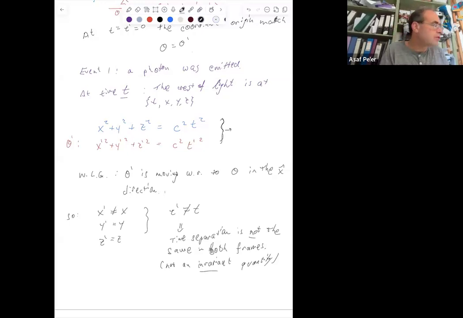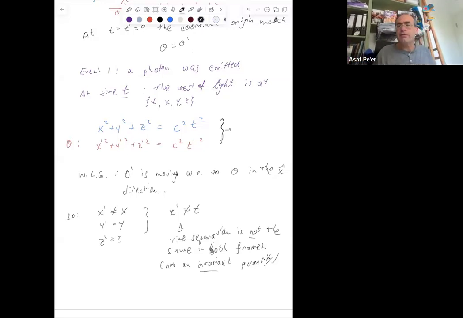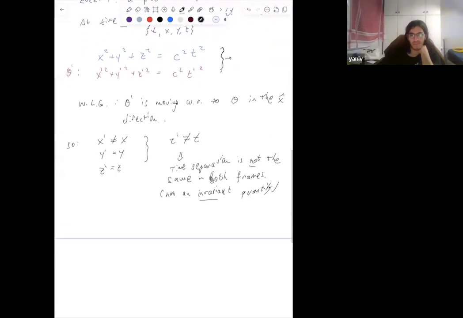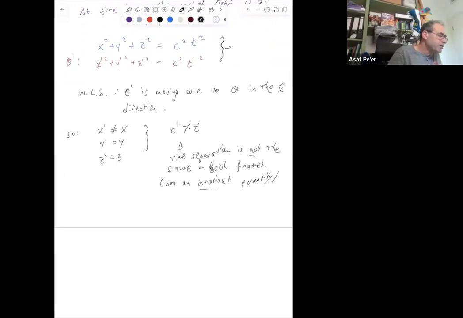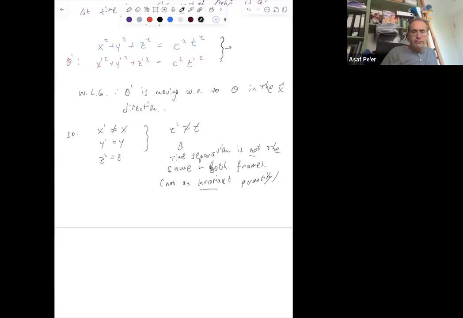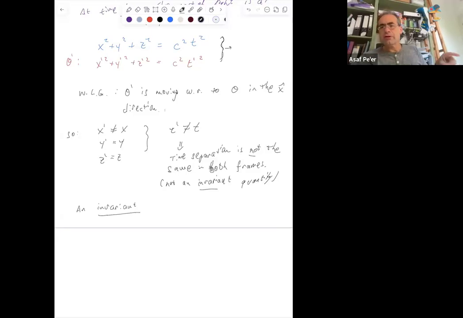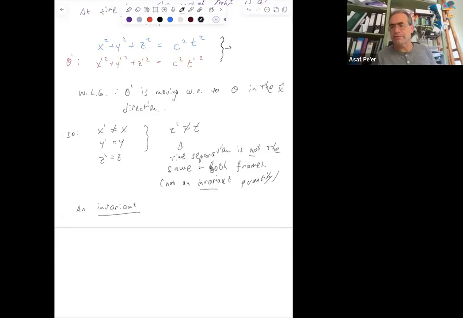Invariant means it is not changed when I'm changing from one frame to another. So there is a quantity which we define as an interval, and that's the interval between two events. Invariant means that two different observers, which are located in two different inertial frames, agree on that quantity.